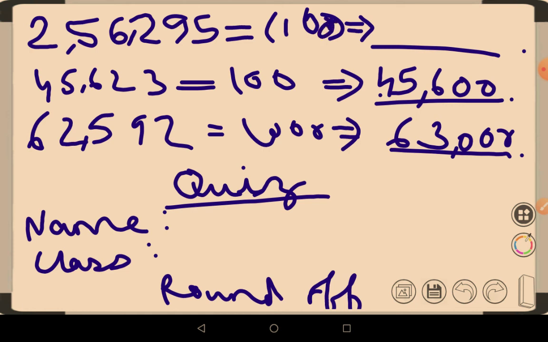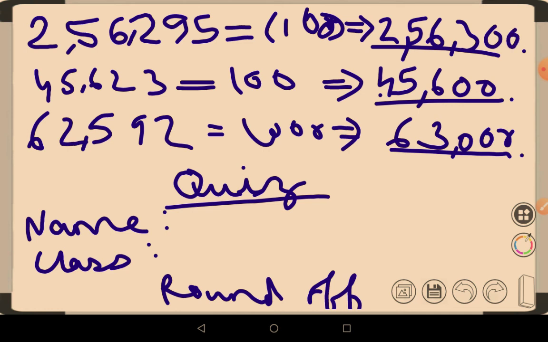So I can show you. Hundreds or thousands you do, not tens. Tens will be easy for you. So in hundreds, for 5, 9, 2, what will be the answer? The answer will be 2, 5, 6, 3, 0, 0.